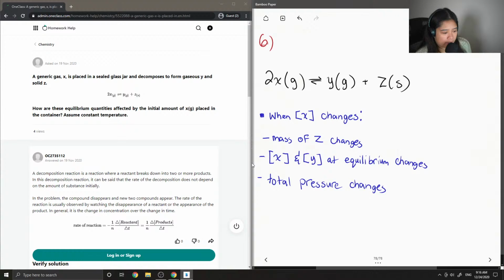And the only thing that stays constant is the rate of reaction between the two gases, X and Y. This at equilibrium is constant.